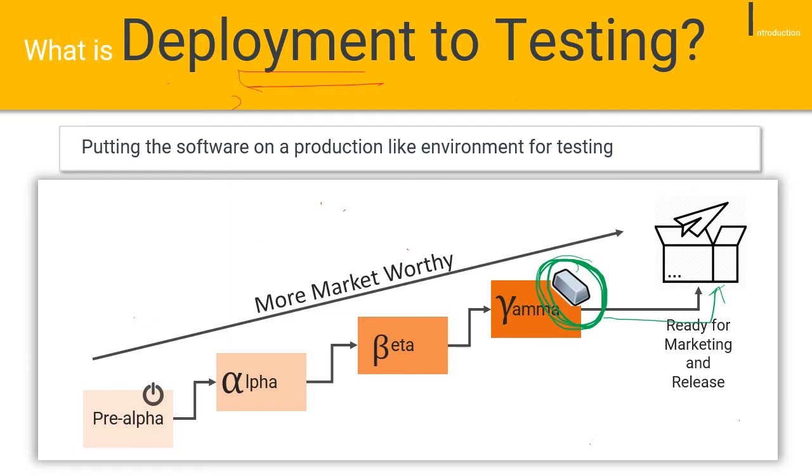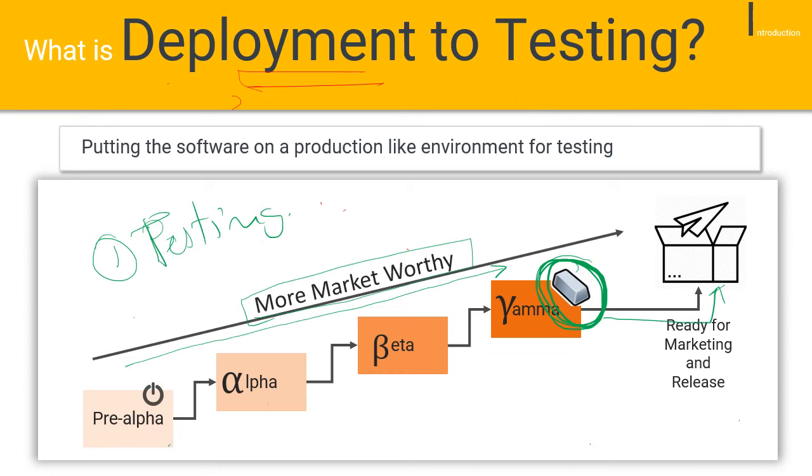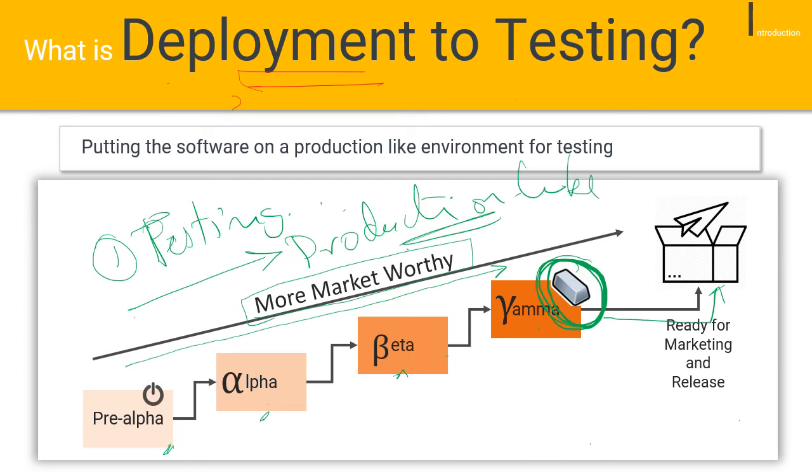However, there is one interesting thing that you may or may not have noticed. As we move ahead, obviously the market worthiness of the product increases. But one more thing is that the testing environment that we use in each of these stages becomes more production-like as we move higher up.